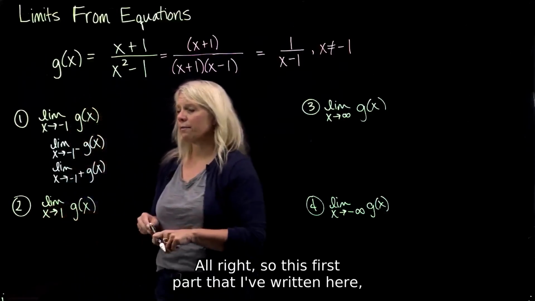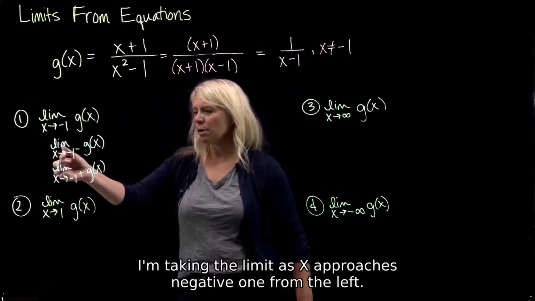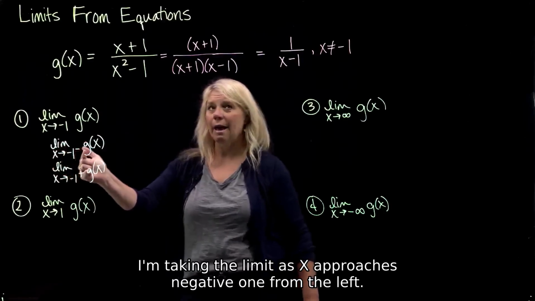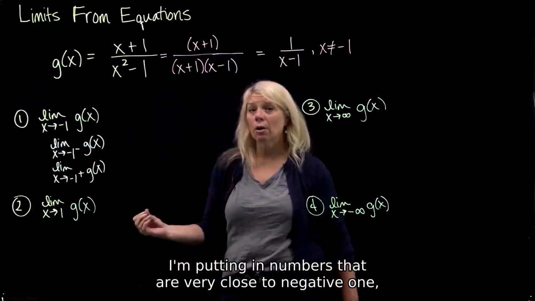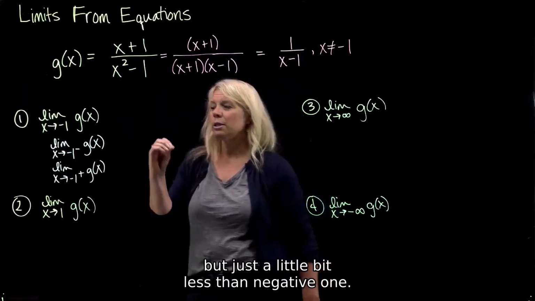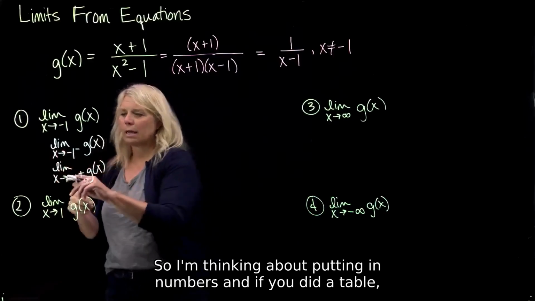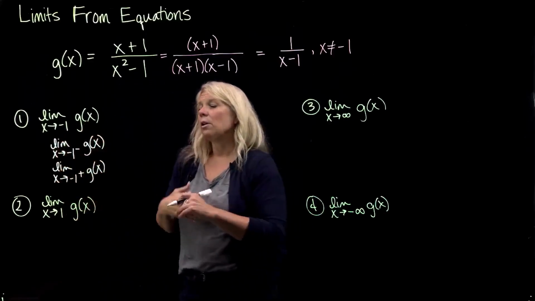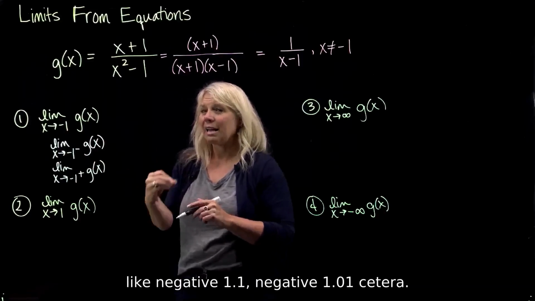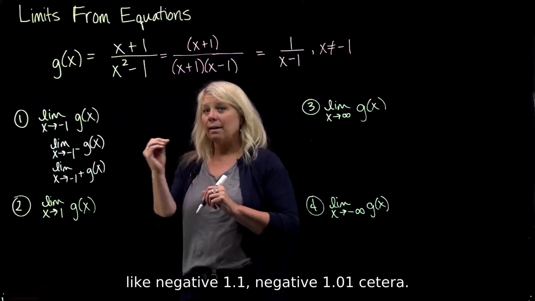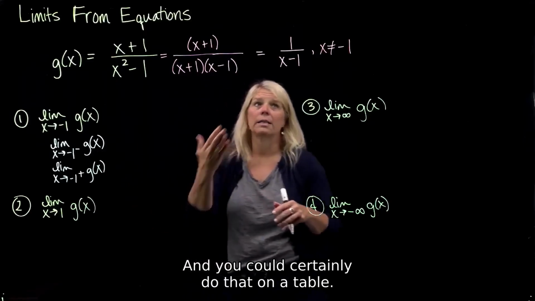All right, so this first part that I've written here, I'm taking the limit as x approaches -1 from the left. So I'm thinking about putting in numbers that are very close to -1, but just a little bit less than -1. If you did a table, you might put in numbers that are just a little bit left of -1, like -1.1, -1.01, etc. And you could certainly do that on a table.